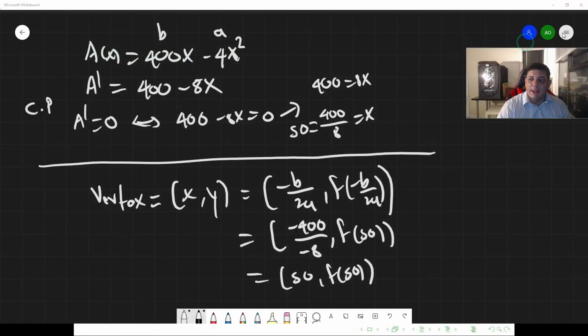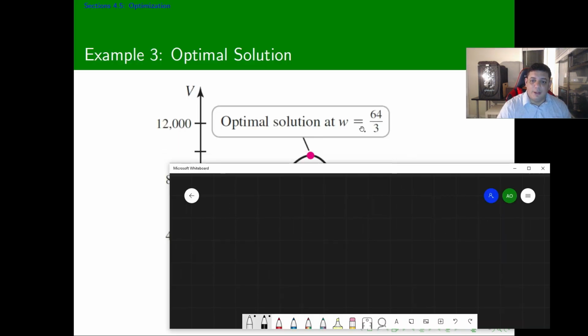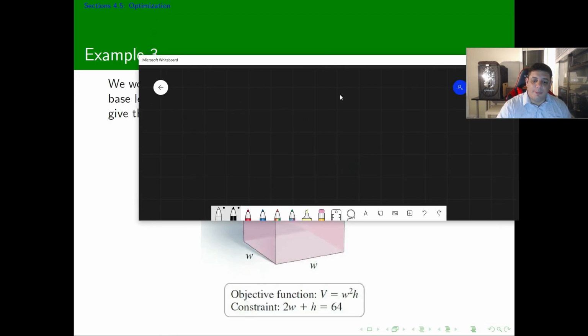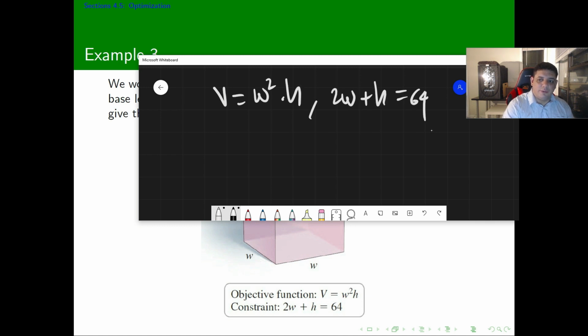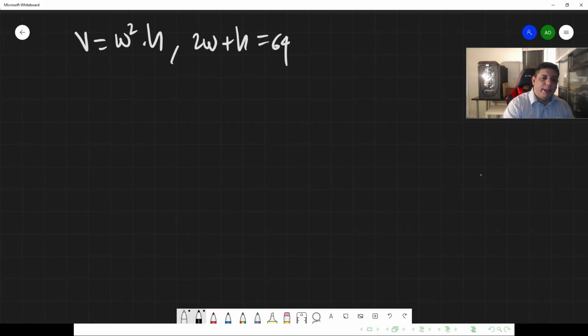Let me again show you how you got to that point. So we're coming from these two things. We have volume is W squared times H, and we have 2W plus H equals 64. So we replace H by 64 minus 2W, switching sides.